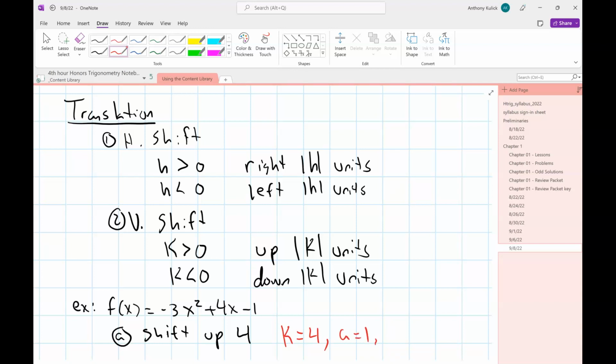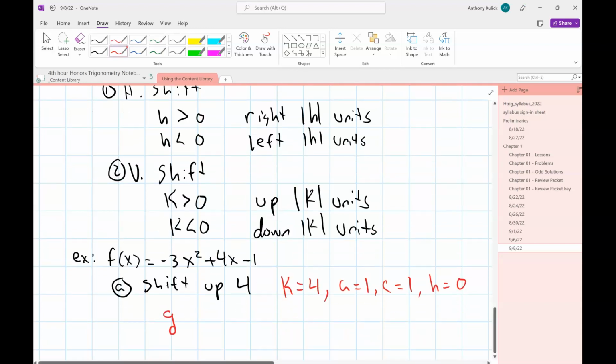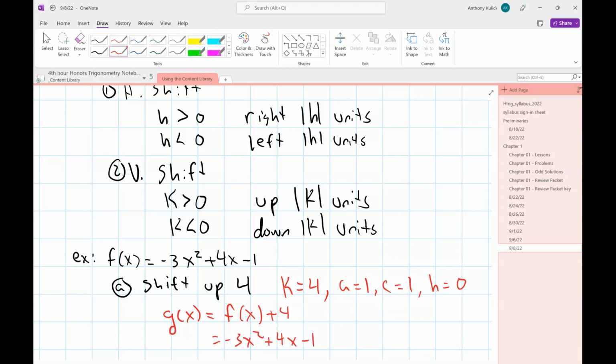And then everything else should just be its null value. So here g of x should be f of x plus 4. So negative 3x squared plus 4x minus 1 plus 4. Negative 3x squared plus 4x plus 3.